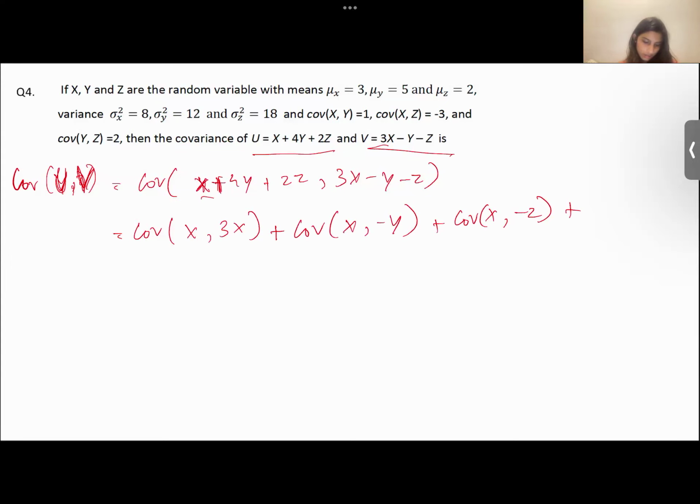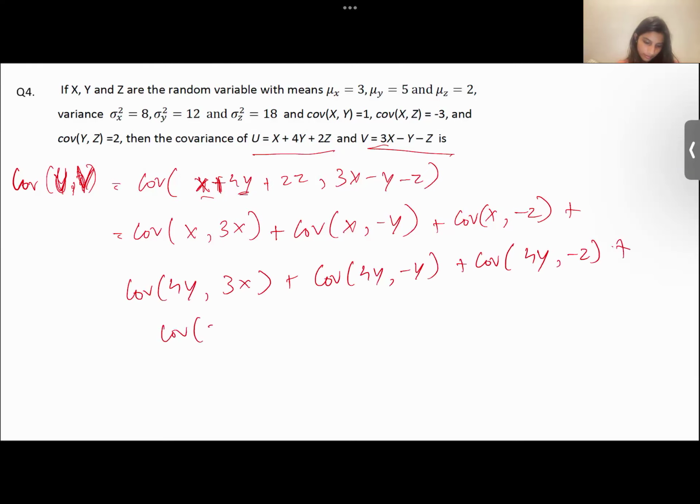Plus covariance of 4y, comma first term, plus covariance of 4y, comma minus y, plus covariance of 4y, comma minus z, plus covariance of 2z, comma 3x, plus covariance of 2z, comma minus y, plus covariance of 2z, comma minus z.